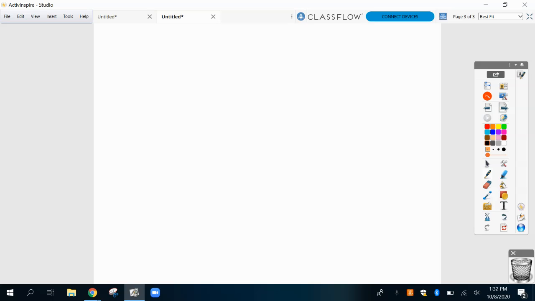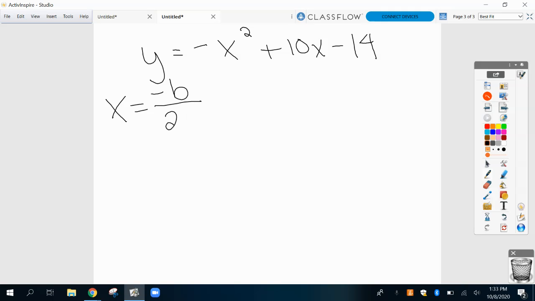The next type of problem that you are going to have is about finding the vertex. So let's say we have something like y equals negative x squared plus 10x minus 14. And we want to find the vertex. Remember, to find the vertex, our formula is x equals negative b over 2a.